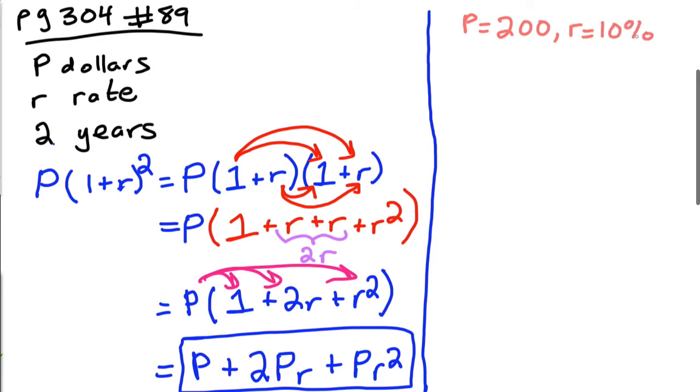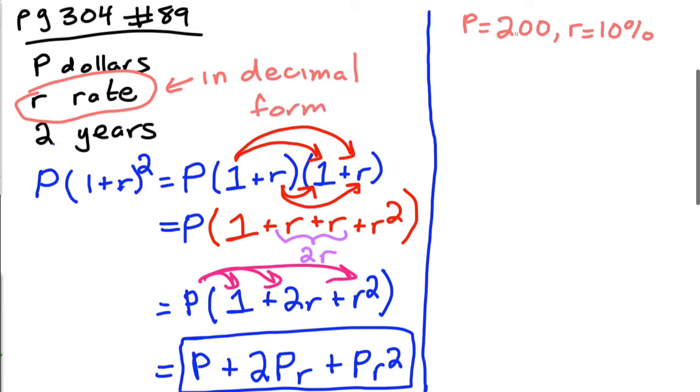Now, the first thing to note is that this R, the interest rate, has to be written in decimal form when you plug it into the formula, not the percentage form. So 10% in decimal is equal to 0.1.